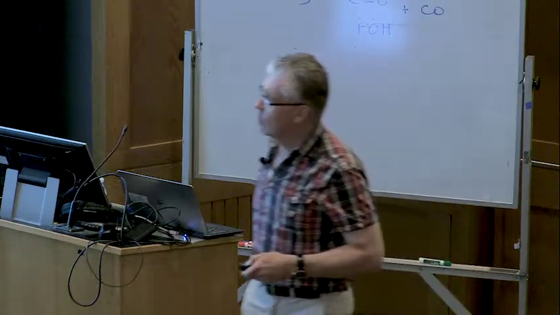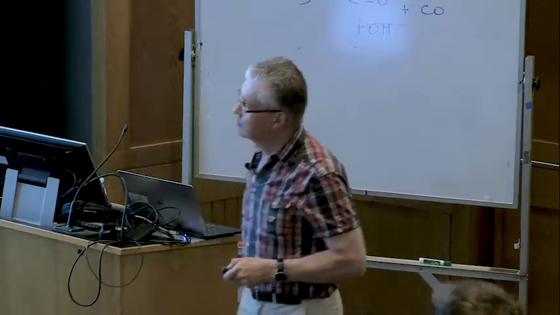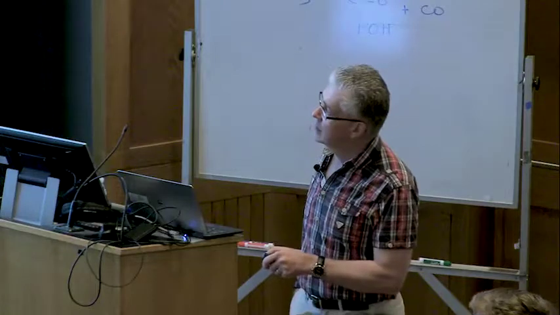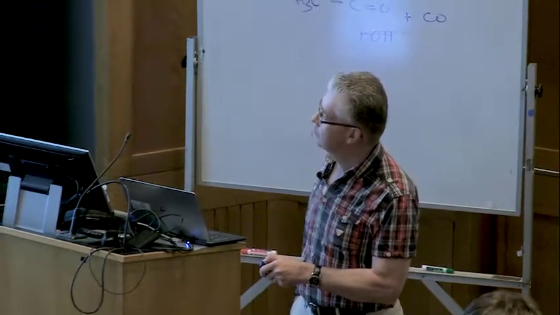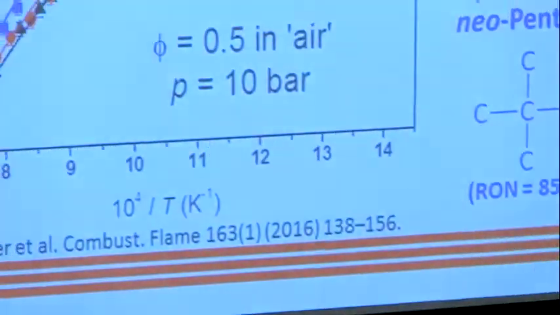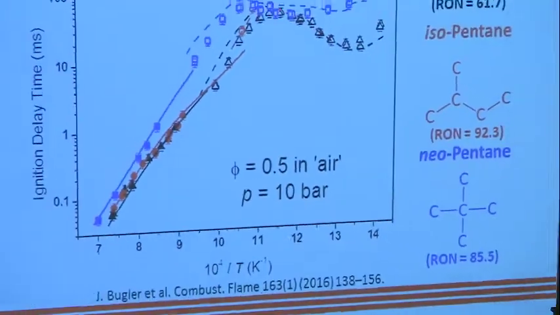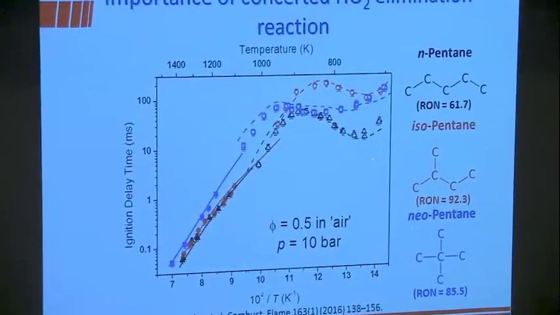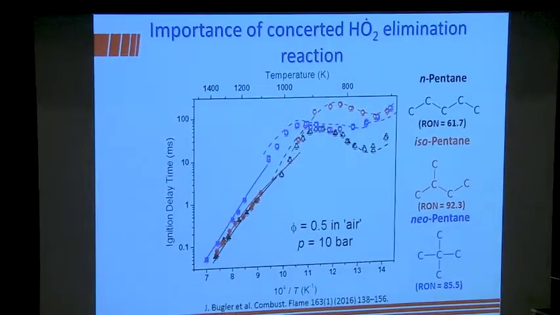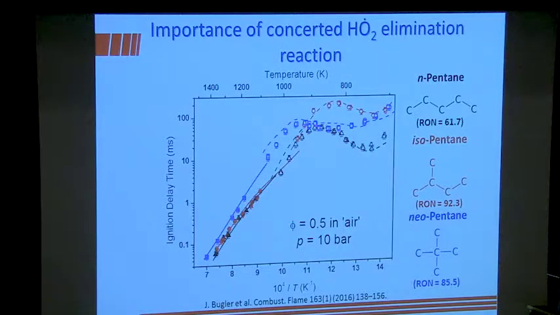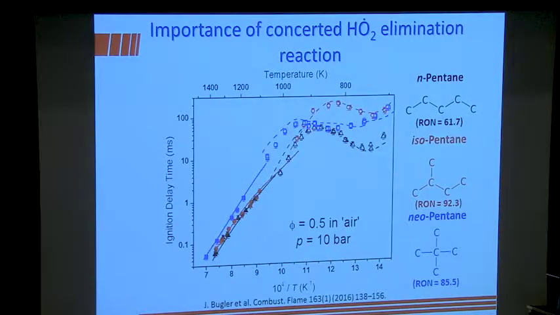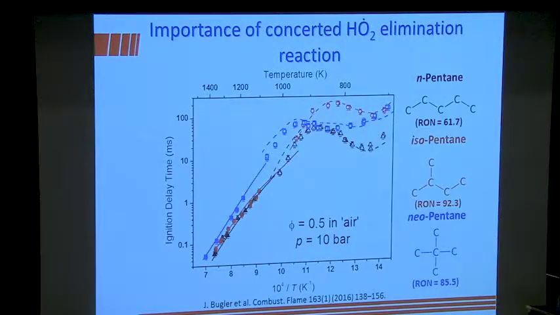So if I go back here, we do get negative temperature coefficient behavior for neopentane. But you can see it's not nearly as pronounced as it is for n-pentane and isopentane. And actually, neopentane falls on top of n-pentane here, coming out of the NTC region.